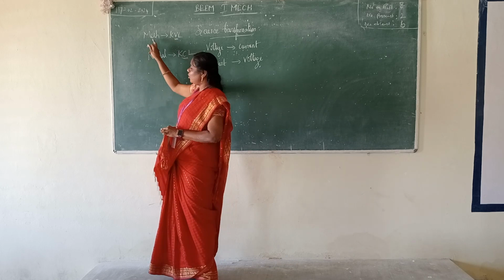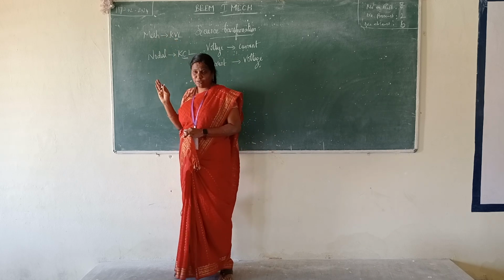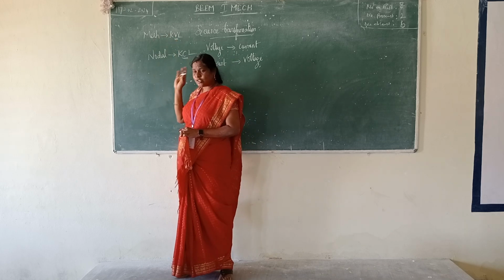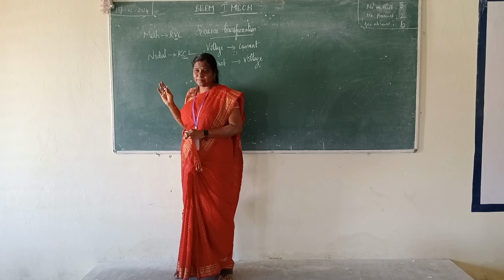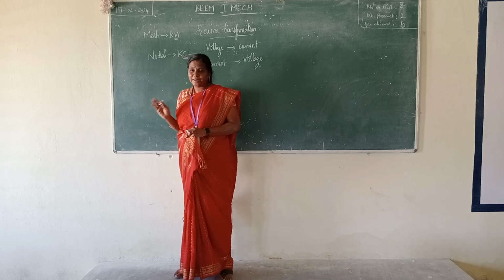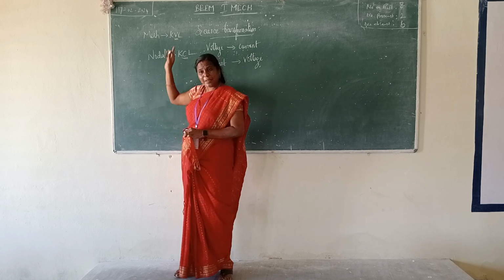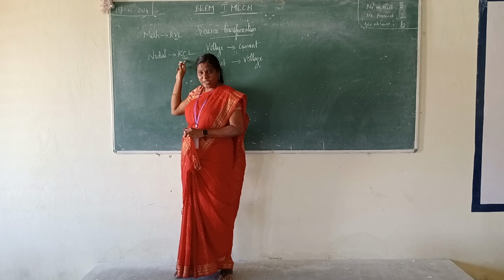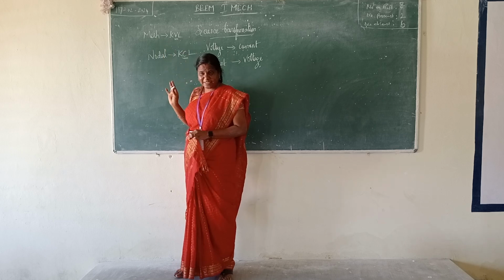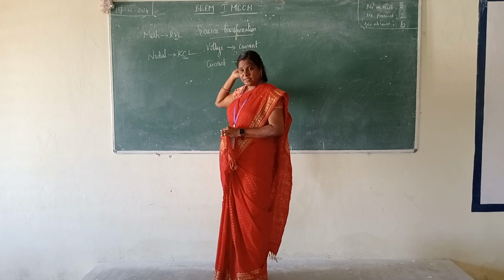So whenever you get a question, first identify whether in mesh analysis all the sources are voltage sources, and in nodal analysis all the sources are current sources. If not, you need to convert and then proceed. With a current source you cannot apply KVL, and with a voltage source you cannot apply KCL. So what should you do? You should perform source transformation.